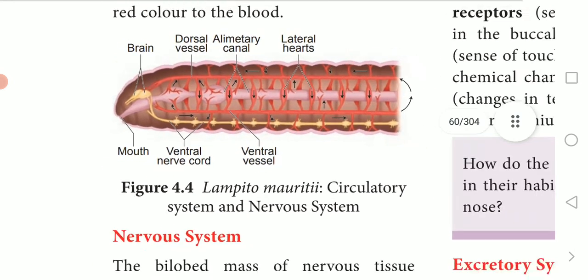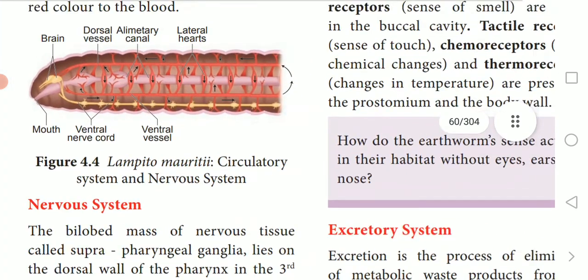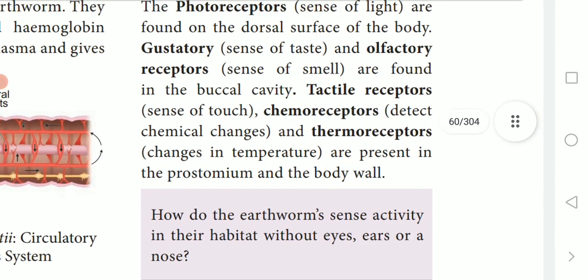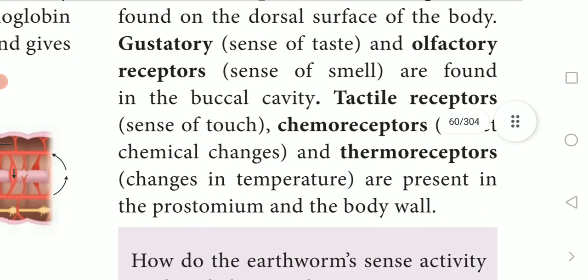The next one is chemoreceptors, which are used to identify the chemical changes which occur in our body. Chemoreceptors detect chemical changes. The next receptors are thermoreceptors.